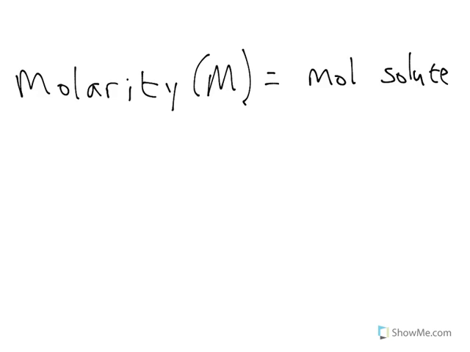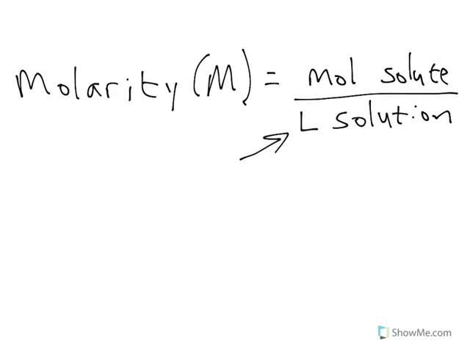Molarity is given by the symbol capital M, and it is defined as mole solute divided by the liters of solution. That is a very handy unit of concentration. However, it's temperature dependent, because right here you have a volume of a solution, and volumes are affected by temperature.